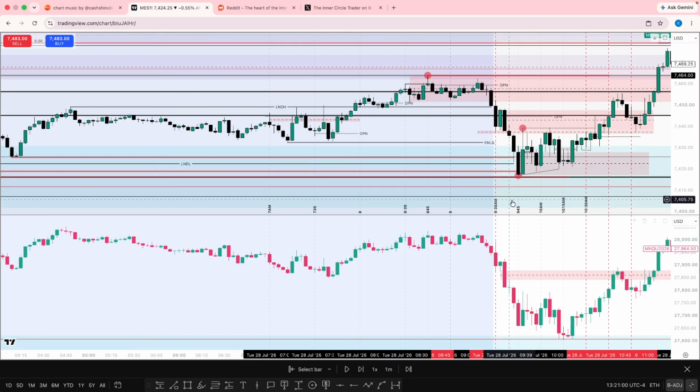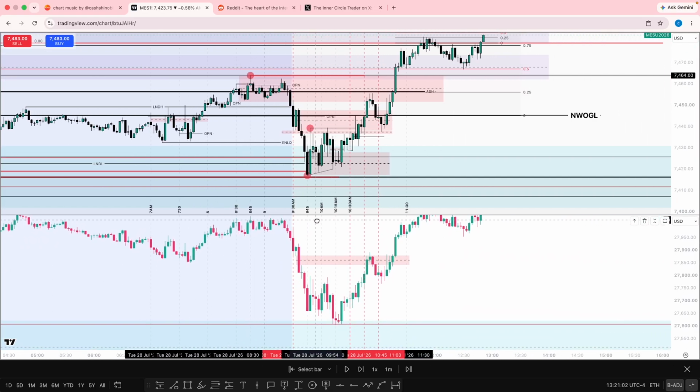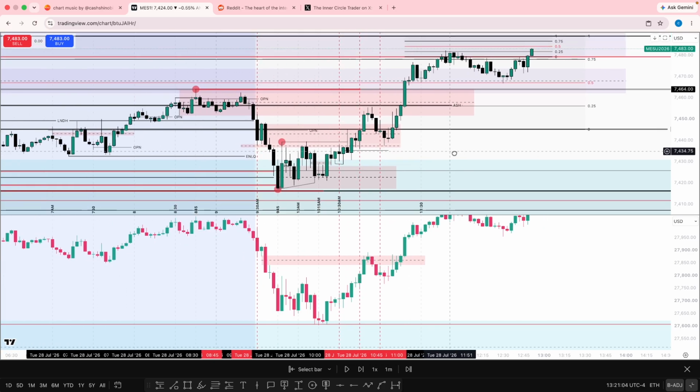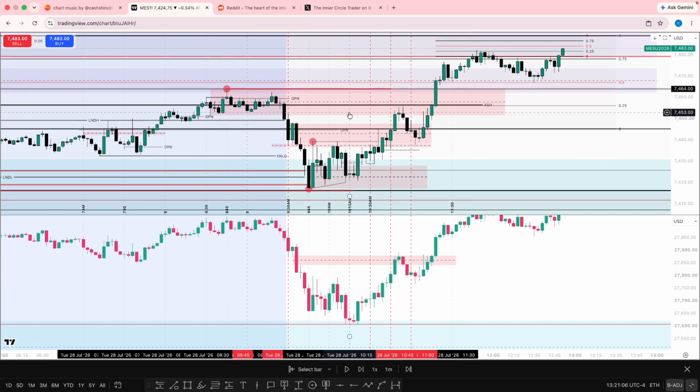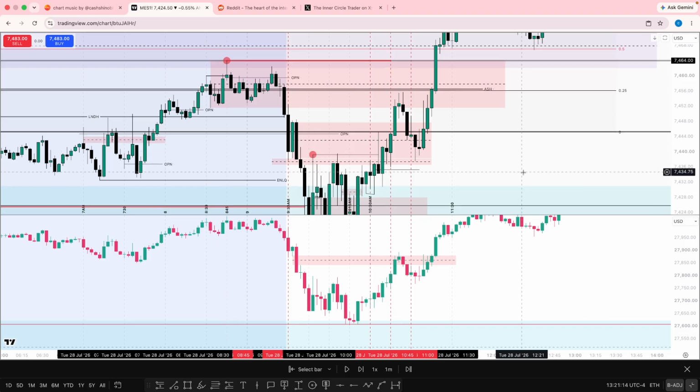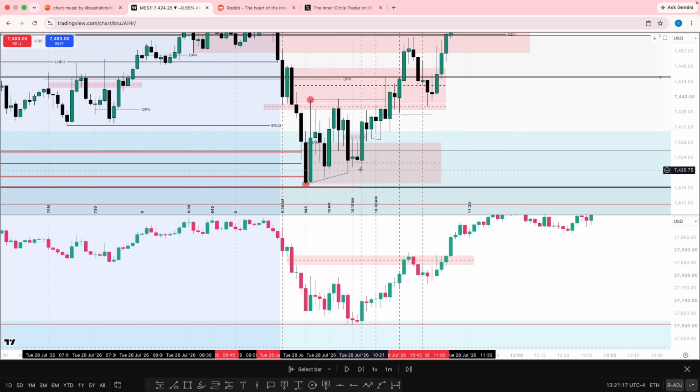Okay. 10:15 right here. Once there's a gap right here. All right, there's no gap in between here. So once this shifts, comes back down into it, and then overruns this. So this right here would have been the change in state of delivery right here.